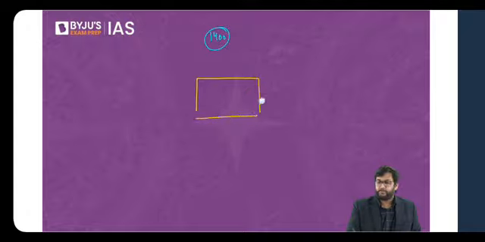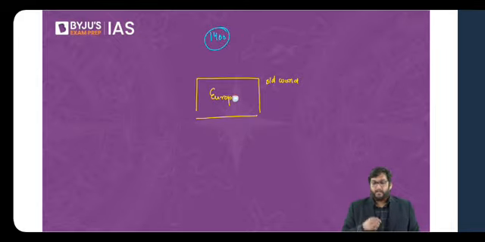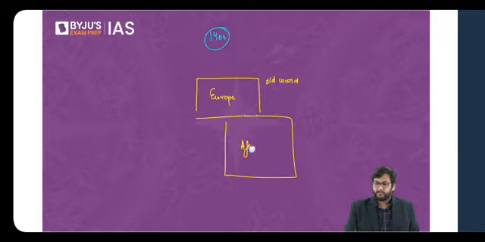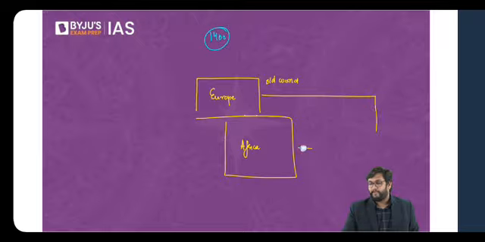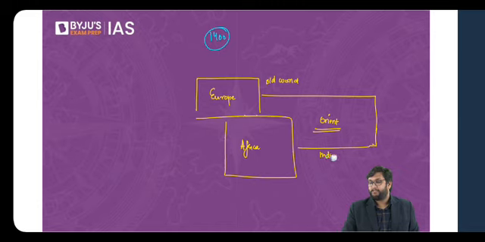It will refer to what is called Old World, which is basically Europe. It will also refer to another continent, which is Africa. And then it will refer to a very big continent, which is called Orient. Orient would be India and China.